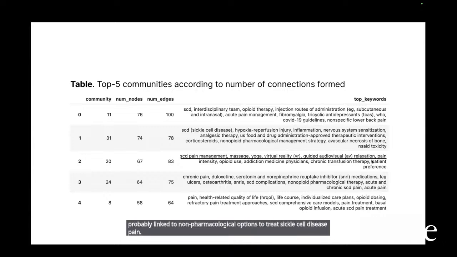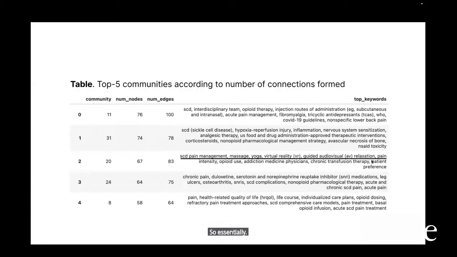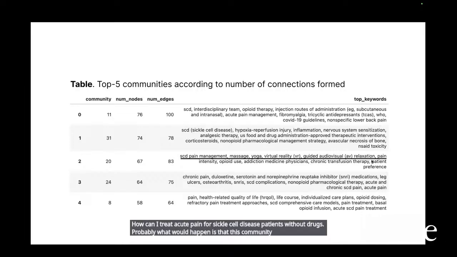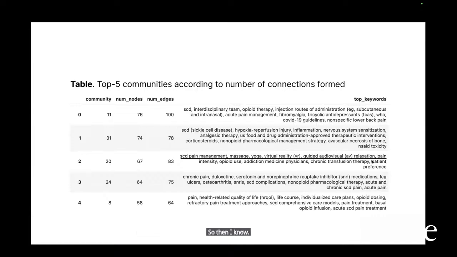So essentially, if I would pose a question to this data set saying, how can I treat acute pain for sickle cell disease patients without drugs? Probably what would happen is that this community would be highlighted and the information would be pulled from this specific connection, this community. So then I know that my database works because it's doing what it's intended to do.